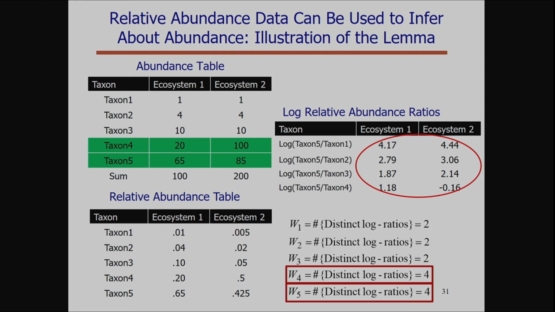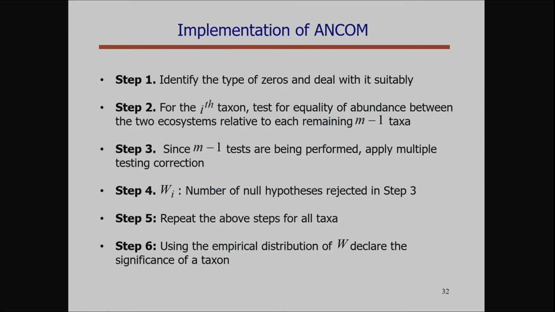So this is what theoretically should happen. What I just demonstrated to you is a theoretical thing. Working with real data will have randomness, so there's variability in the data and so on. So W is really a random variable that we need to pay attention to. The way ANCOM works is that first we deal with all the zeros the way I described to you. Once you have dealt with the zeros, for each taxon we perform m-1 tests when you have got 2 groups, right?